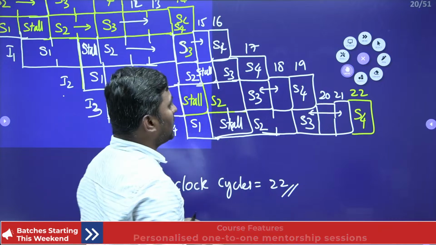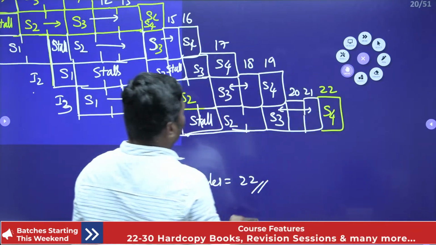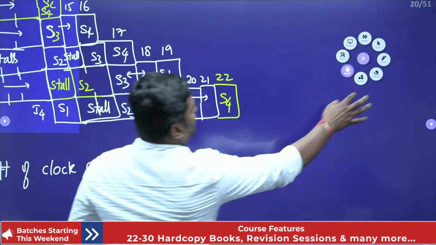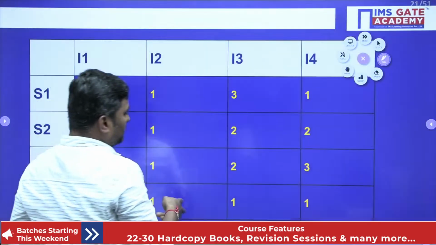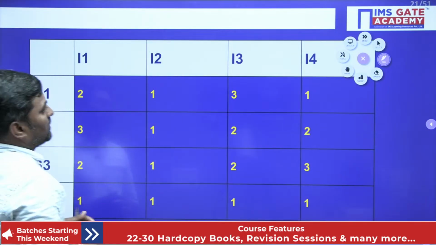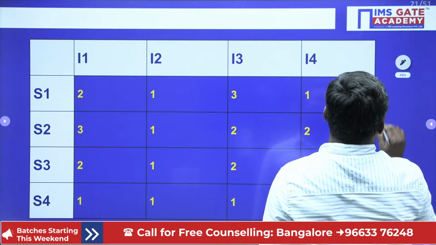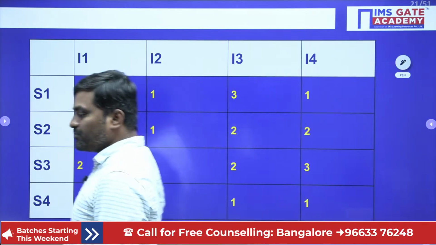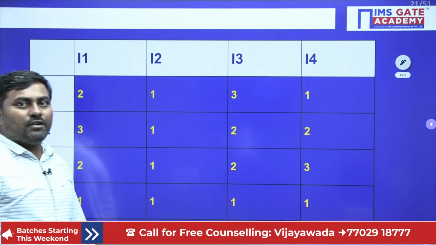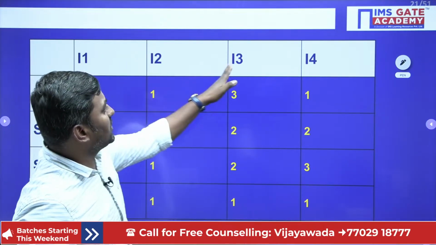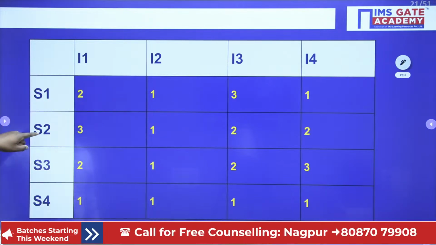Let's observe what I'm trying to say here. Look at the table clearly; through the table only we'll get it. What does the table give? I1, I2, I3, I4 and S1, S2, S3, S4.